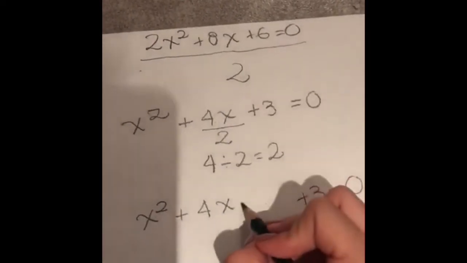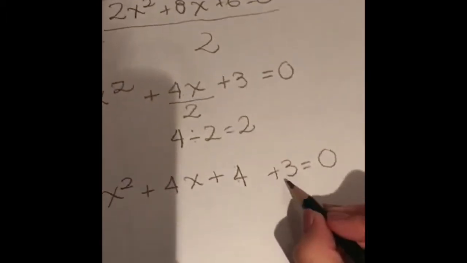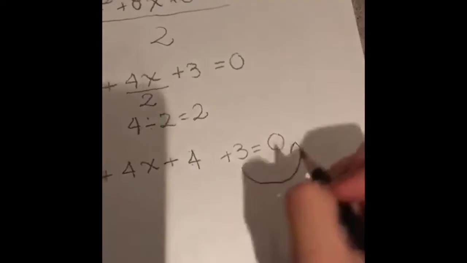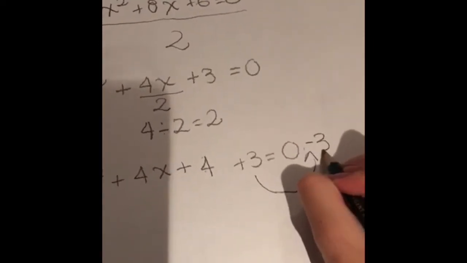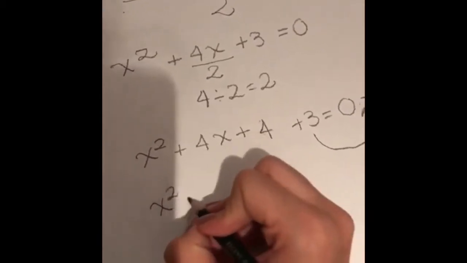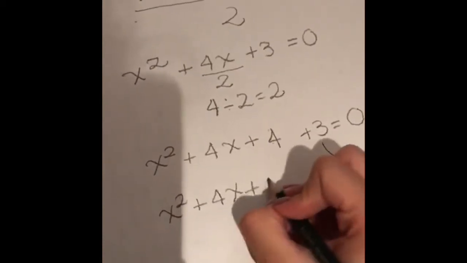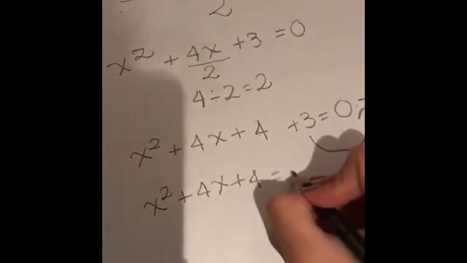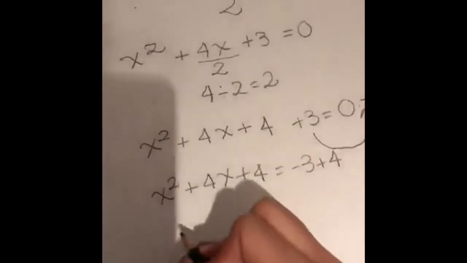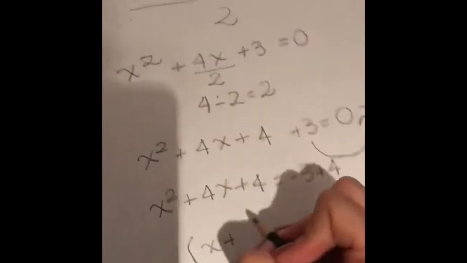In the space is going to be that number, so 2 squared is equal to 4, and then we're going to pass the 3 to the other side of the equality and cancel it on this first side. So this first part is our perfect square, equals -3, and we add a +4 because on the other part of the equality we add the same 4.